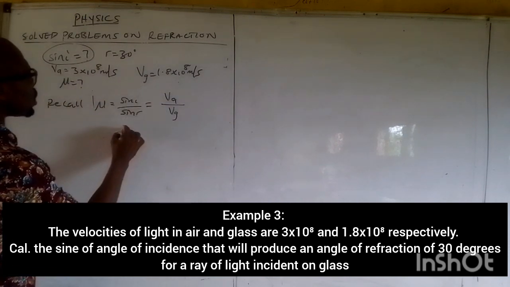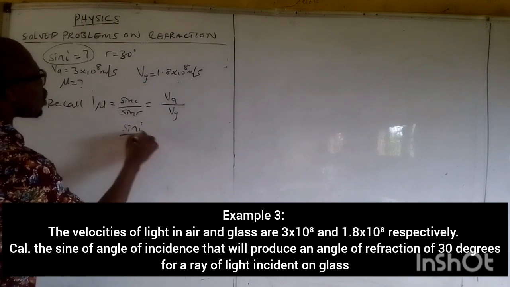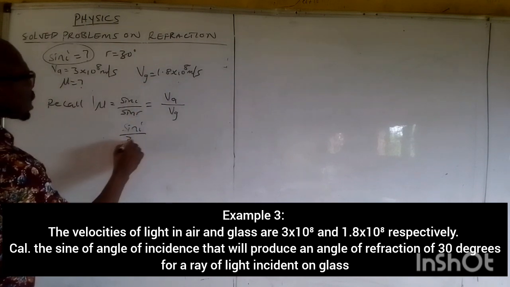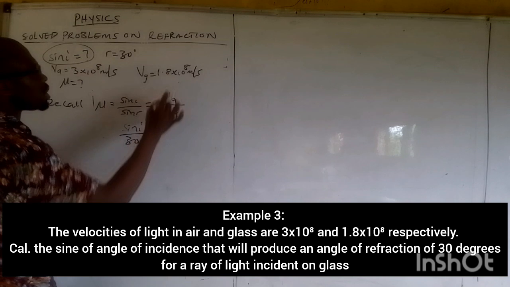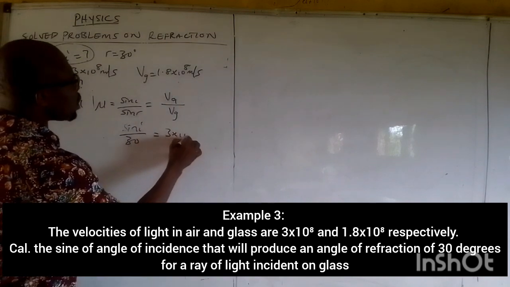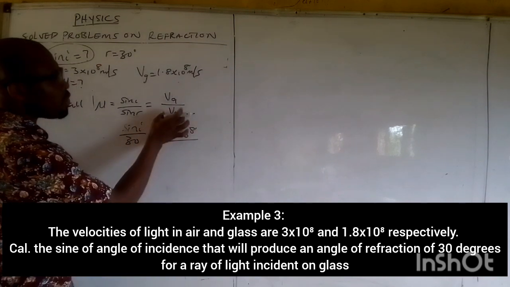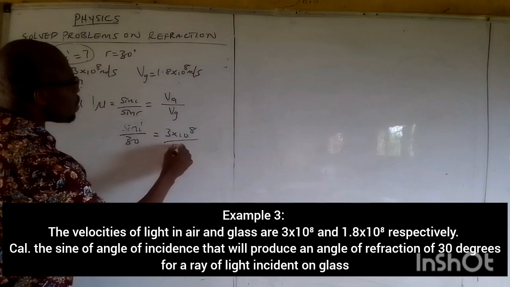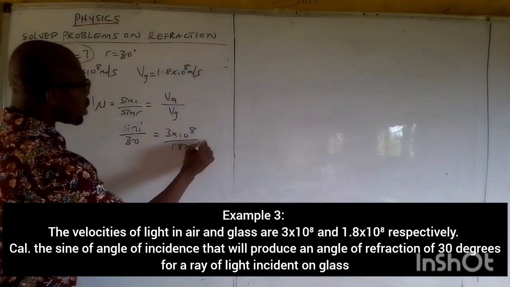So let us substitute straight. Sine I all over sine R, which is sine 30, equals velocity of light in air, 3 times 10 raised to the power 8, all over velocity of light in glass, 1.8 times 10 raised to the power 8.